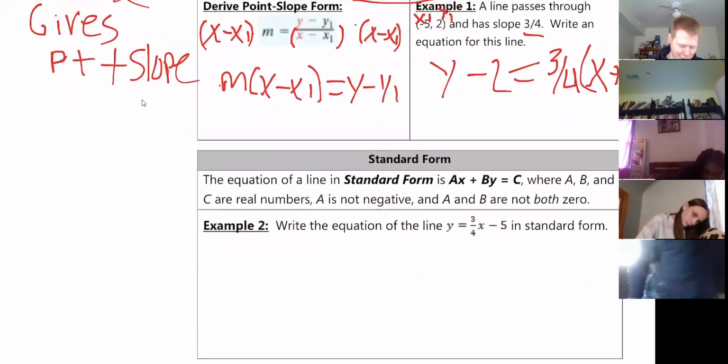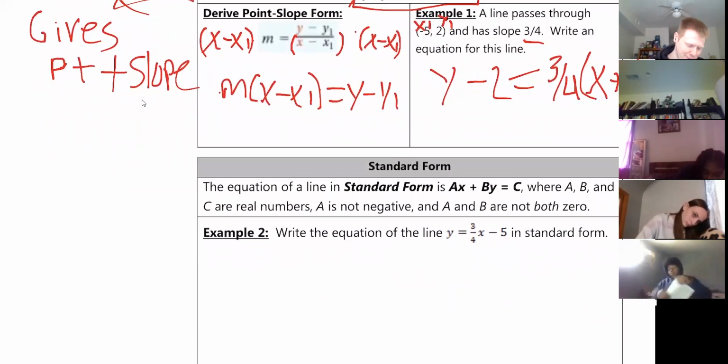All right, next we're going to look at standard form. And standard form is kind of like the redheaded stepchild of the family. It's not that useful unless you need it or if it's given to you. Especially when you're graphing, there's not a lot of time where you would want to get something in standard form.